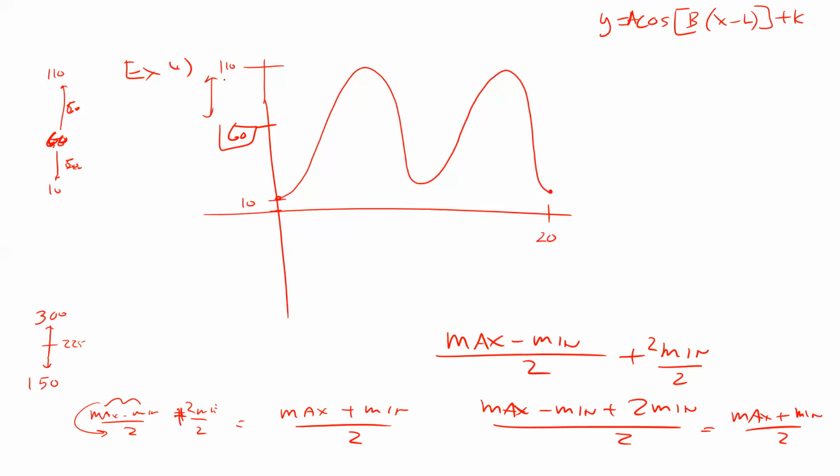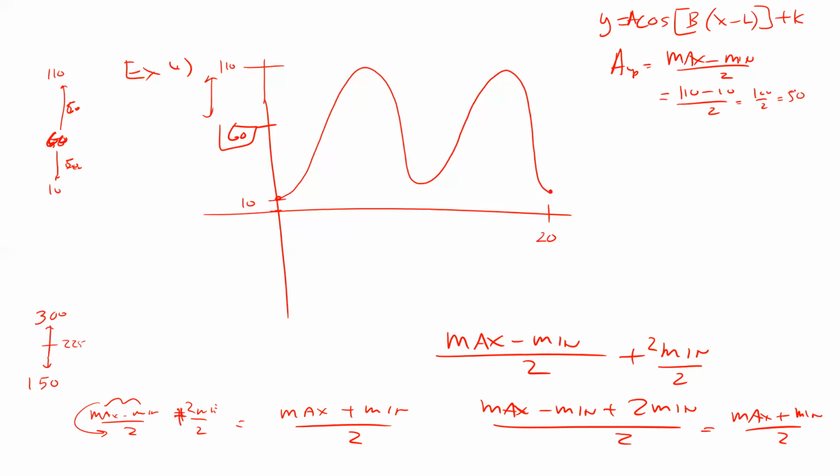That would be 100, right? And then divide that by 2. So if we need a more complicated formula for amplitude, we go max minus min, divide by 2. So that's 110 minus 10 divided by 2 makes 100 divided by 2, or 50.